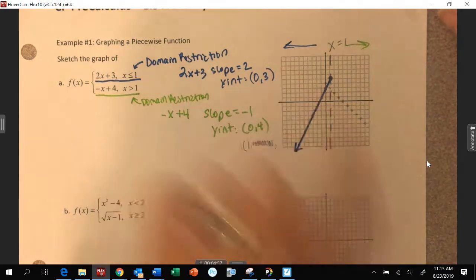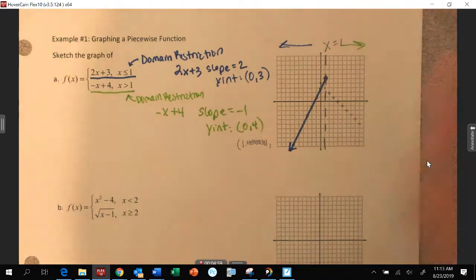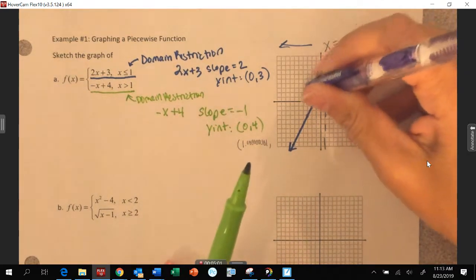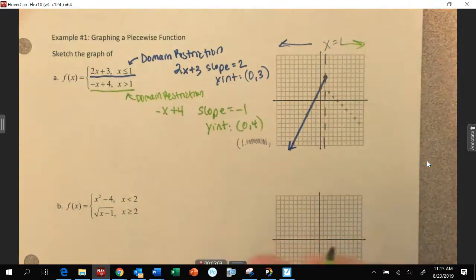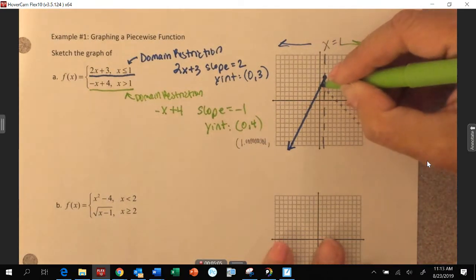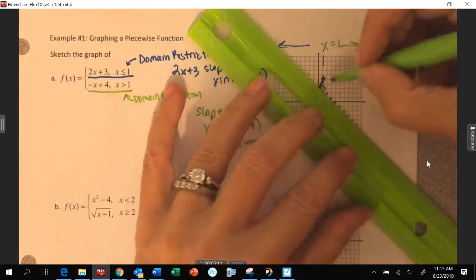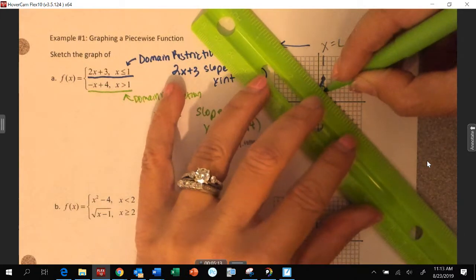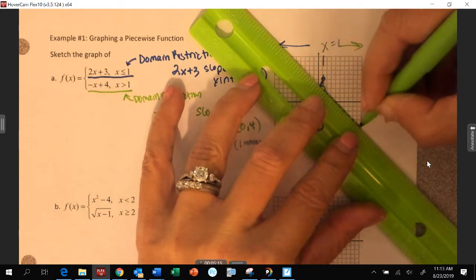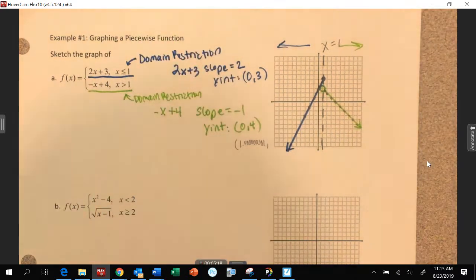So what I'm going to do with this line is I'm going to erase the point that I don't need. And I'm going to put an open dot at 1 because it's going to go all the way up to 1, but it can't equal 1. And then I will graph my line on the right side of that division. So that is the piecewise function example A. It is a function.